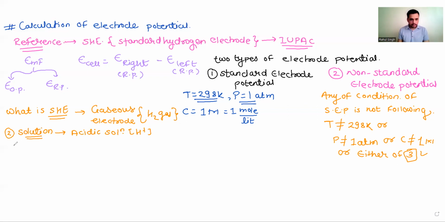And one more thing: we keep the temperature at 298 Kelvin, since the name itself has a standard part. So temperature will be 298 Kelvin, pressure will be equal to 1 atmosphere, and concentration will be equal to 1 molar, that is 1 mole per liter.